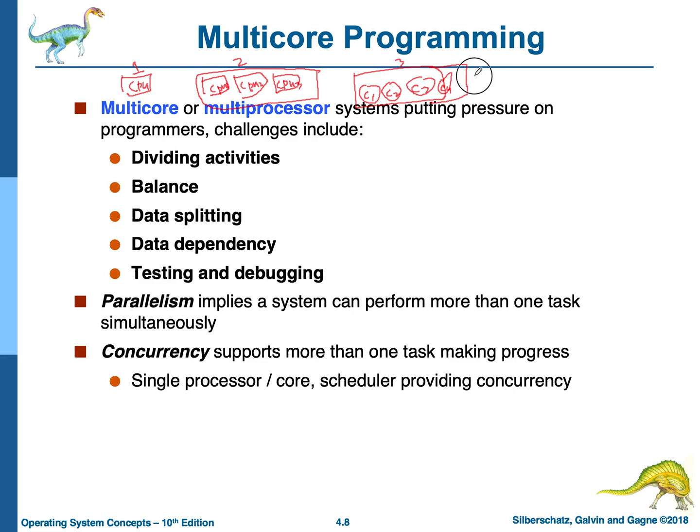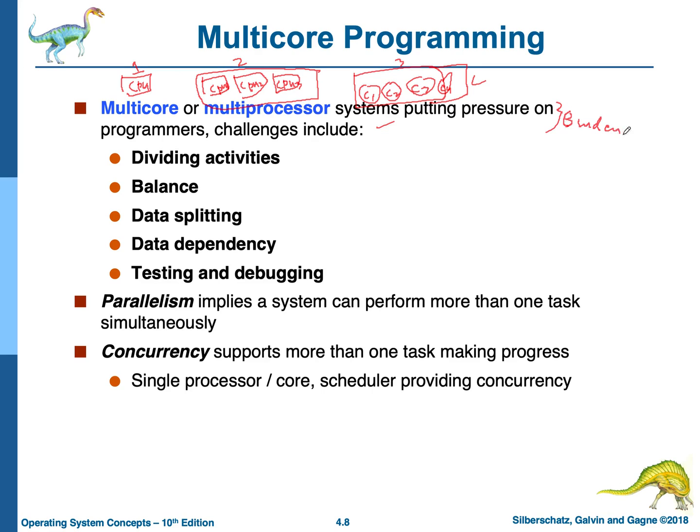Now currently we have mostly systems like this, where we have multi-core processors. This approach has very good outcomes for scalability and performance, but it also has some burden on programmers.